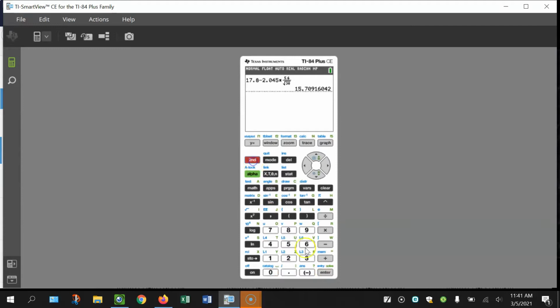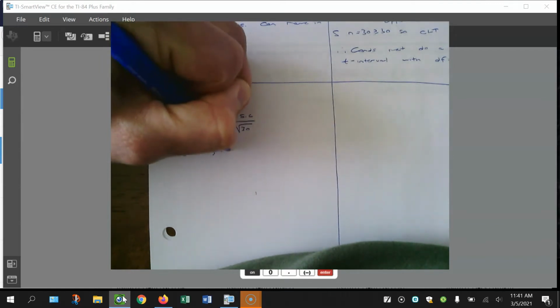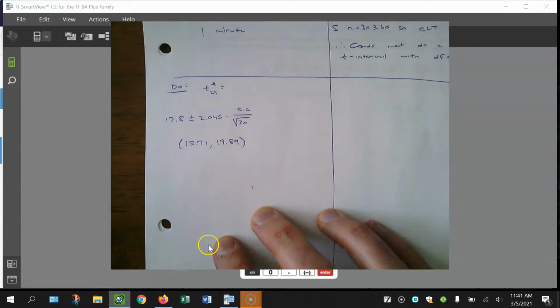So there's the lower bound, and then if I just change this to plus, we get 19.89 and 15.71. So 15.71, 19.89. All right, so there's the do step of our confidence interval.